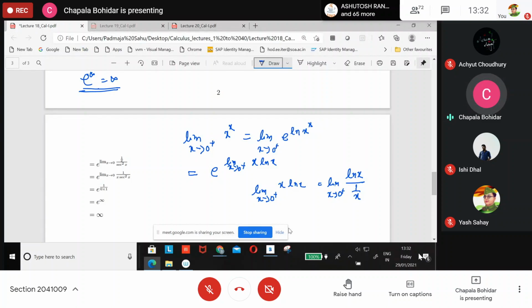Is there any form minus infinity by infinity? No, ma'am, we cannot do it this way, we directly apply L'Hospital here. Here, we cannot apply L'Hospital rule. We directly solve here. The value I am getting is 0, since 0 multiplied by anything is 0.